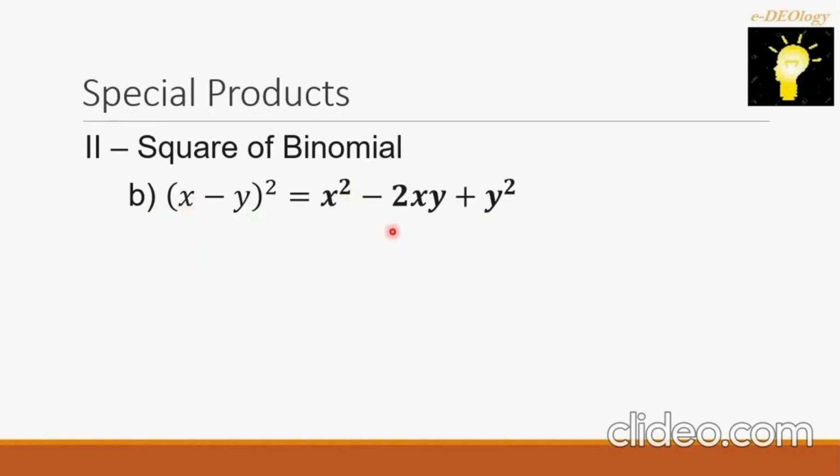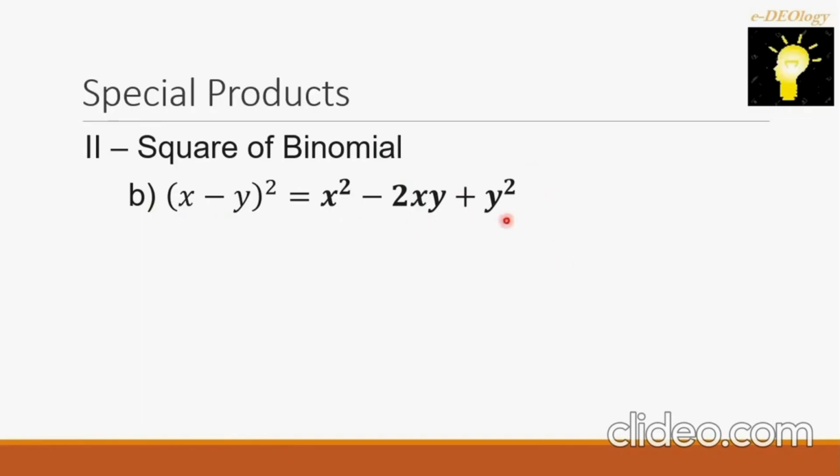If you look at the middle term, we simply multiply by 2 and then times the product of these 2 terms here. So x multiplied by negative y, you will get a negative sign. That's why you see here there is a negative sign. So negative 2xy in the middle term.